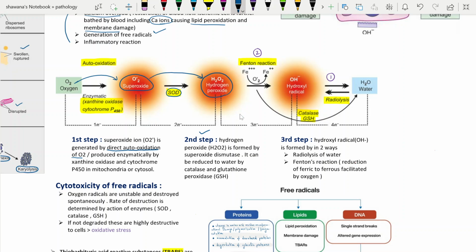The second step is the formation of hydrogen peroxide from superoxide by the action of superoxide dismutase. What happens to the hydrogen peroxide? It is converted into the hydroxyl radical, and it is the most damaging ROS, reactive oxygen species.